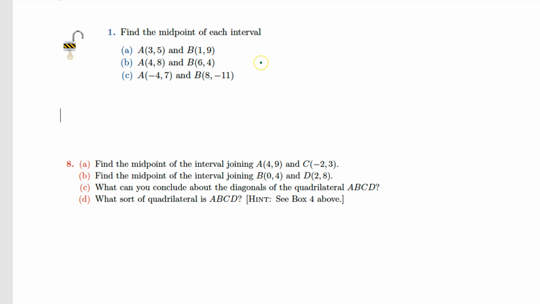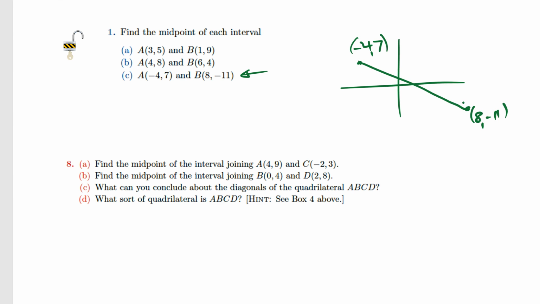So once again, we want the midpoint of each interval. We could just use the formula, but because I am, as you will probably come to appreciate, obsessed by the diagrams, let's have a look at this one, and I would do a quick sketch. So -4, 7, somewhere up there, it's clearly not to scale, and 8, -11 out here somewhere, and I want halfway along that line, and this is just so I can see if my answer makes some sense.